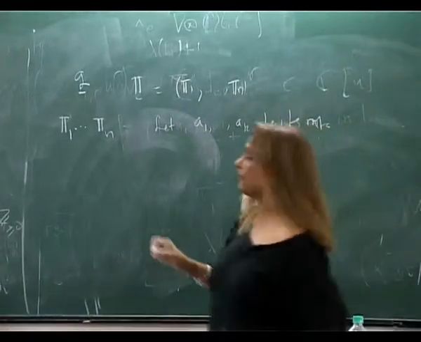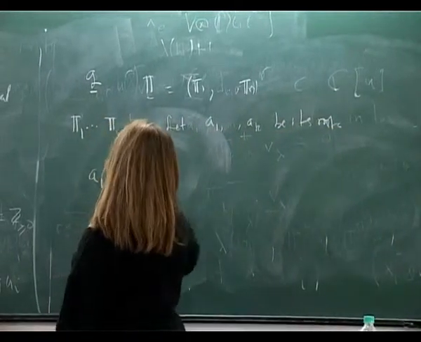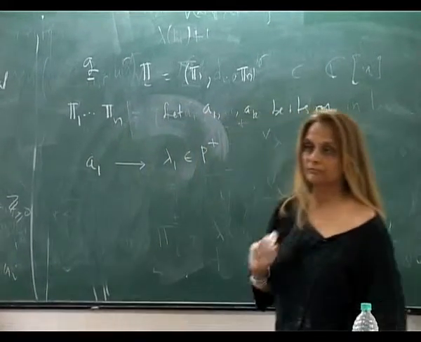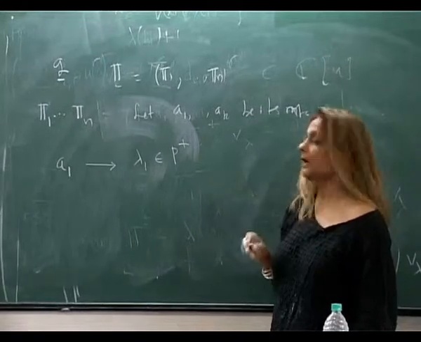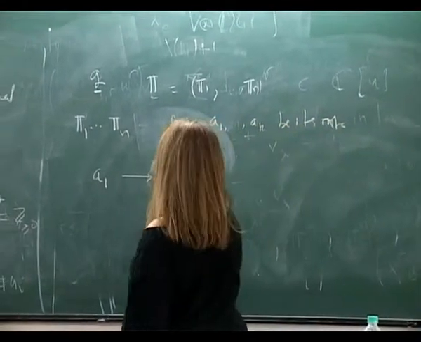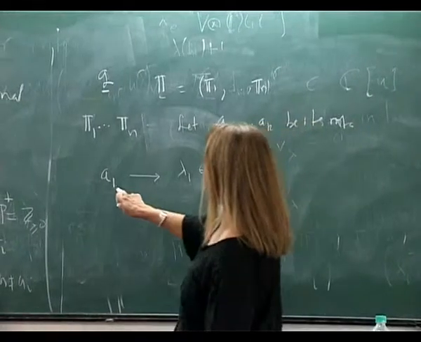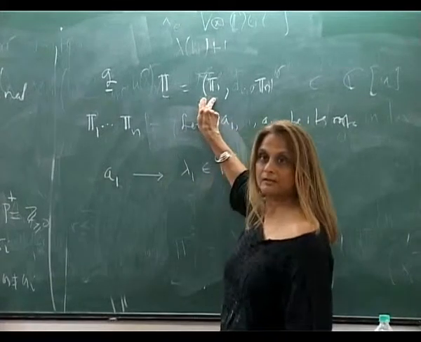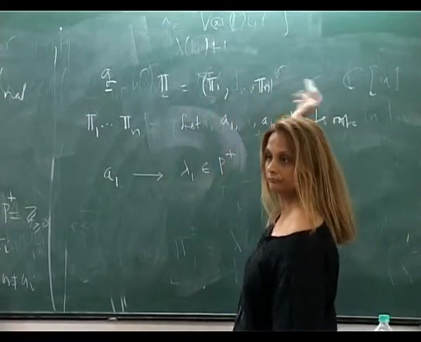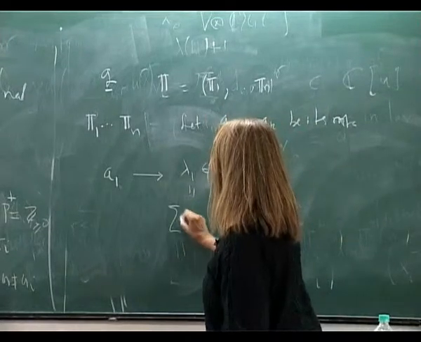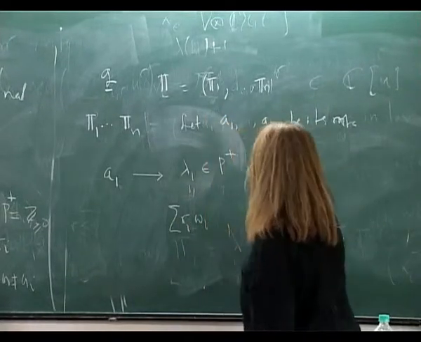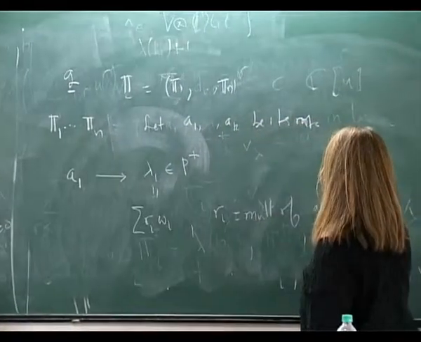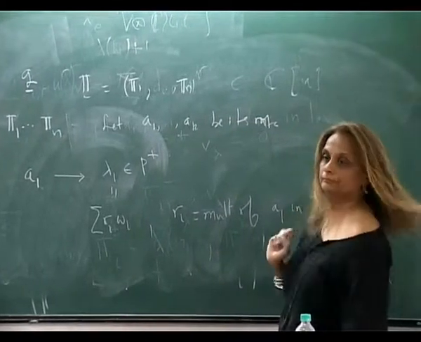Now with each point, I have to associate a dominant integral weight lambda in P plus. What weight will I associate to a1? I'll look at its multiplicity in pi 1, how many times it occurs in pi 2, and write it down. So lambda 1 will be equal to the summation of ri omega I, where ri is equal to the multiplicity of a1 in pi I.